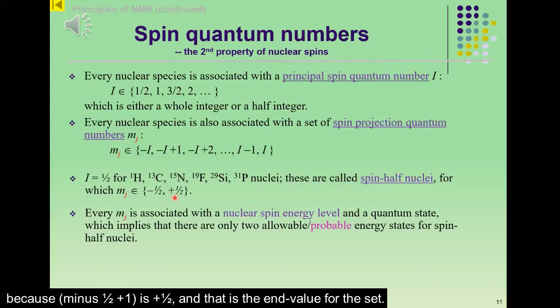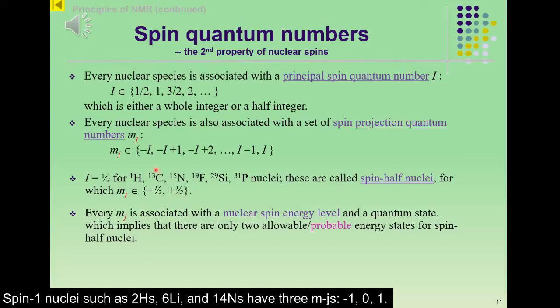And that is the end value for the set. Spin-1 nuclei, such as 2H's, 6 lithiums, and 14 N's, have 3 MJs: minus 1, 0, and 1.